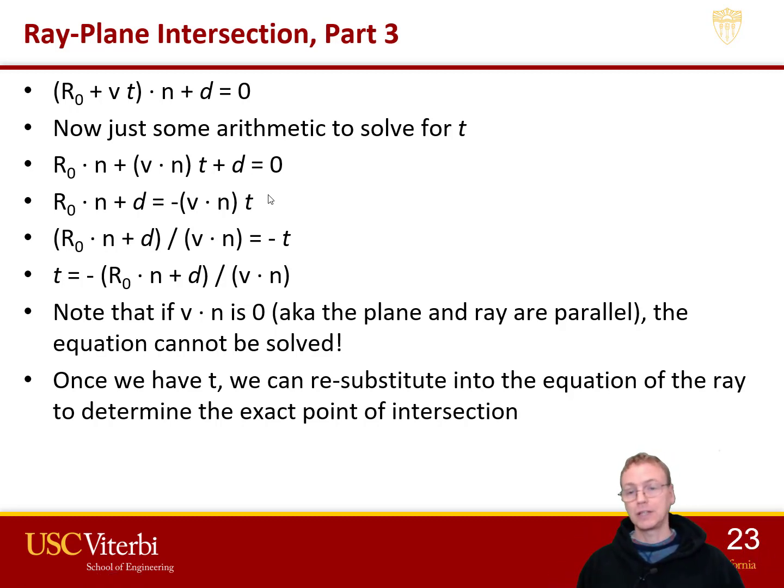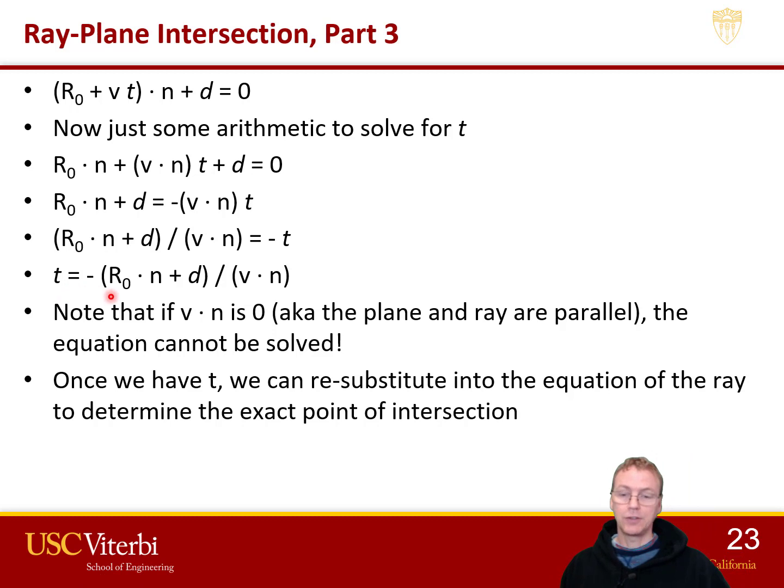So let's isolate t. I'm going to take this term and put it over on the right-hand side. I've done that there. And now, how do we get the t all by itself? Let's divide both sides by v dot n. Okay, we'll do that. And of course, the minus sign, we're going to want to flip that over to the other side. So there you go.